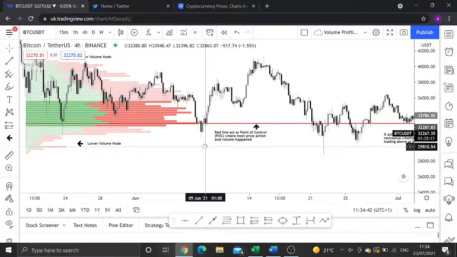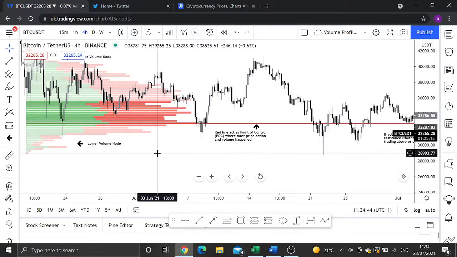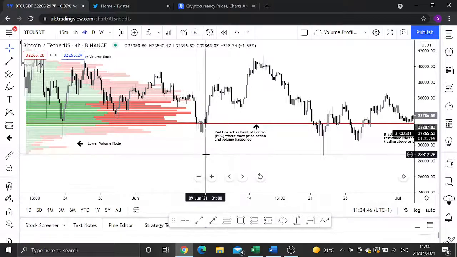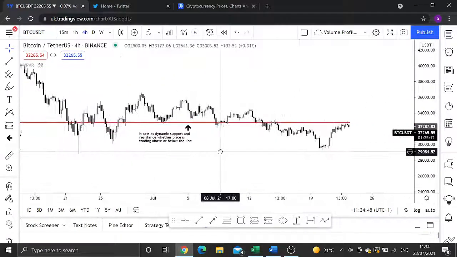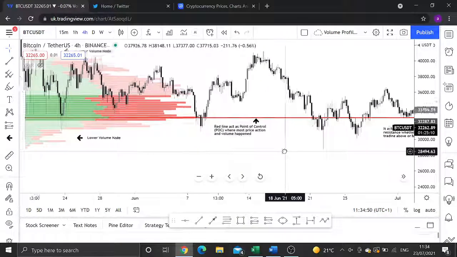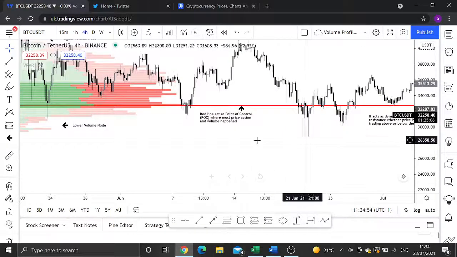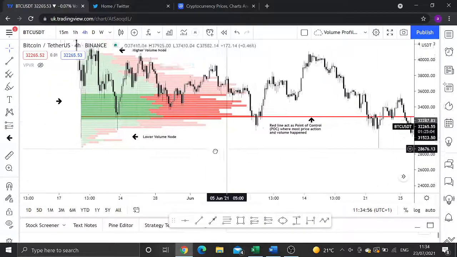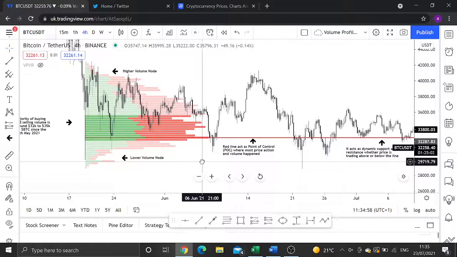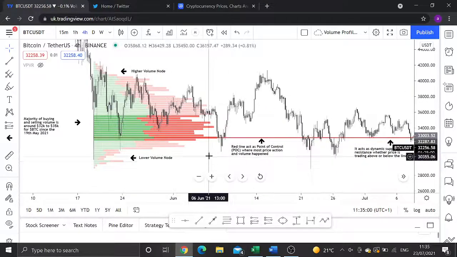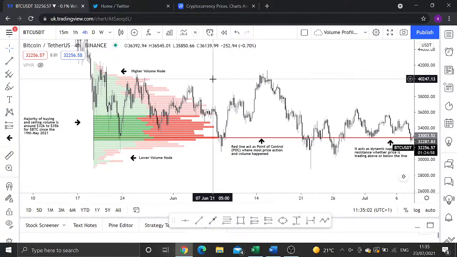We saw a drop down to 29,000 actually the other period, and then we saw this quick rebound of price back up to this point of control, which is giving us a further confluence that point of control is a major area where people are buying and selling at a higher volume and above it as well.